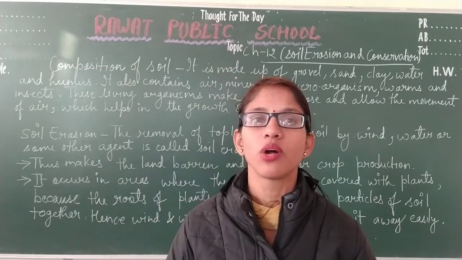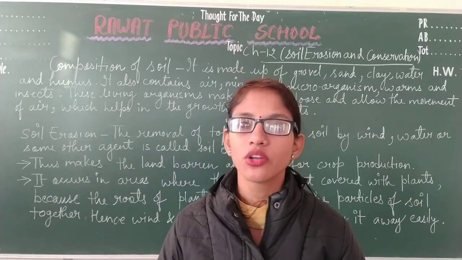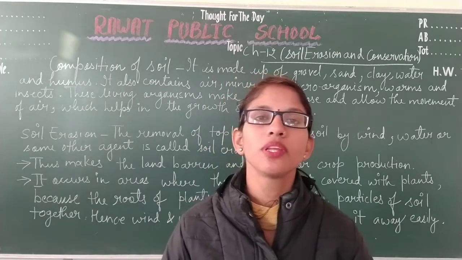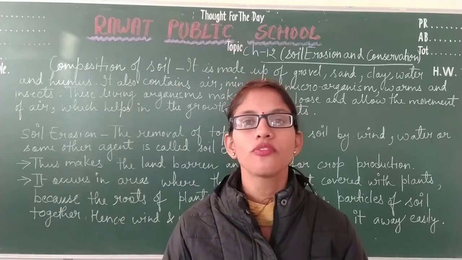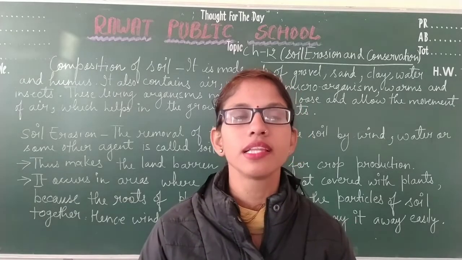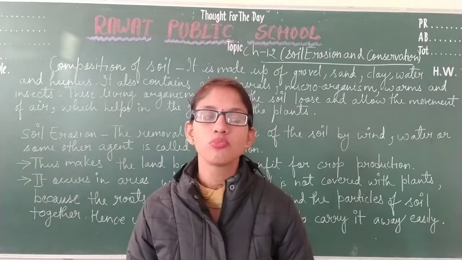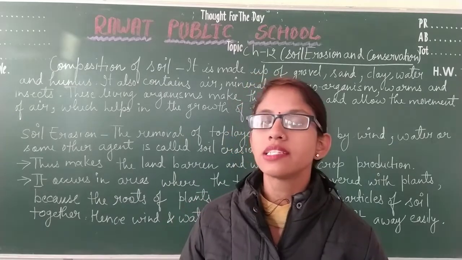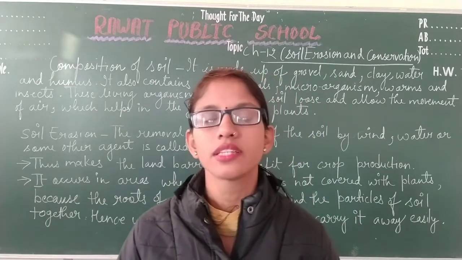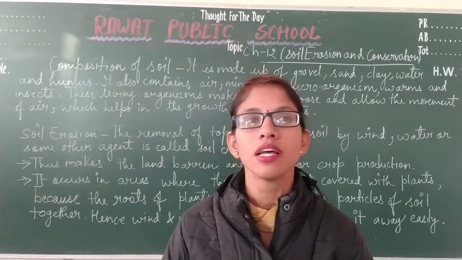Next is the second layer, the subsoil, in which small pebbles or rocks are present, and the roots of the plants can penetrate up to this layer, and the amount of humus is very little in this layer. And the third layer is the bedrock, in which large pieces of rocks are present, and these are known as unweathered rock because the sun's heat, rainwater and strong winds cannot affect these rocks.